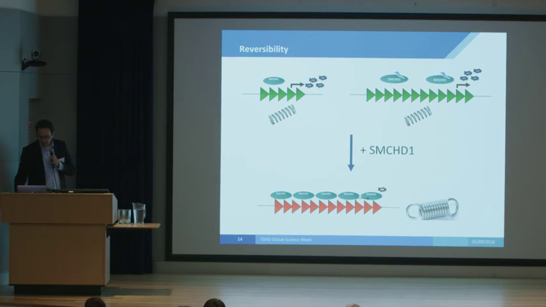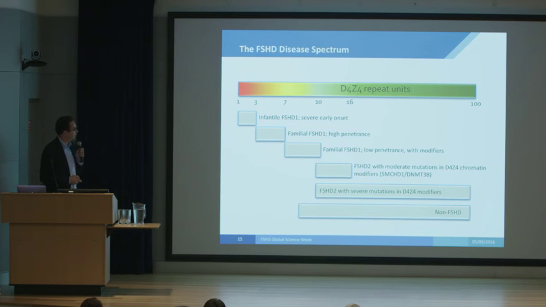So I started my talk by discussing with you that I think we should stop talking about FSHD1 and FSHD2 and just consider it as a disease spectrum. And this is what I'm trying to show over here. So basically what we're starting to see here is that if you have very short repeats, then the repeat by itself is the major contributor to the production of DUX4 in the muscle.